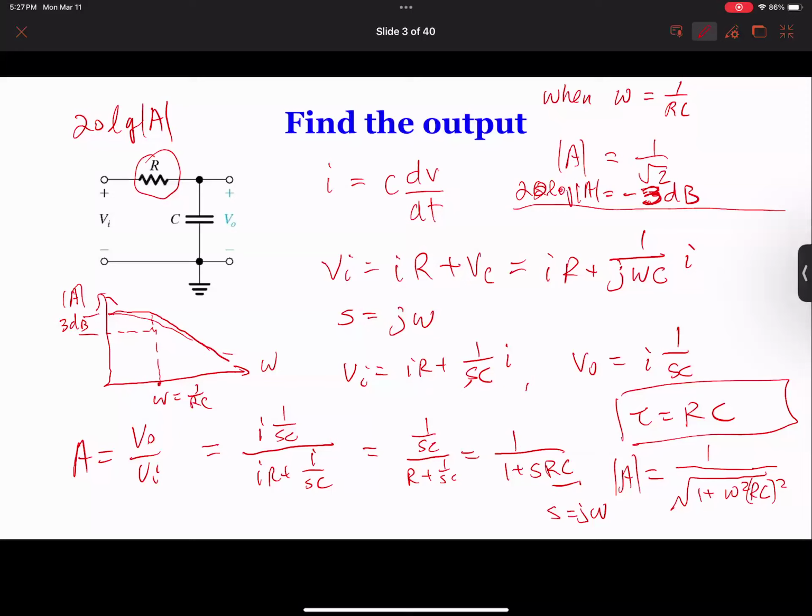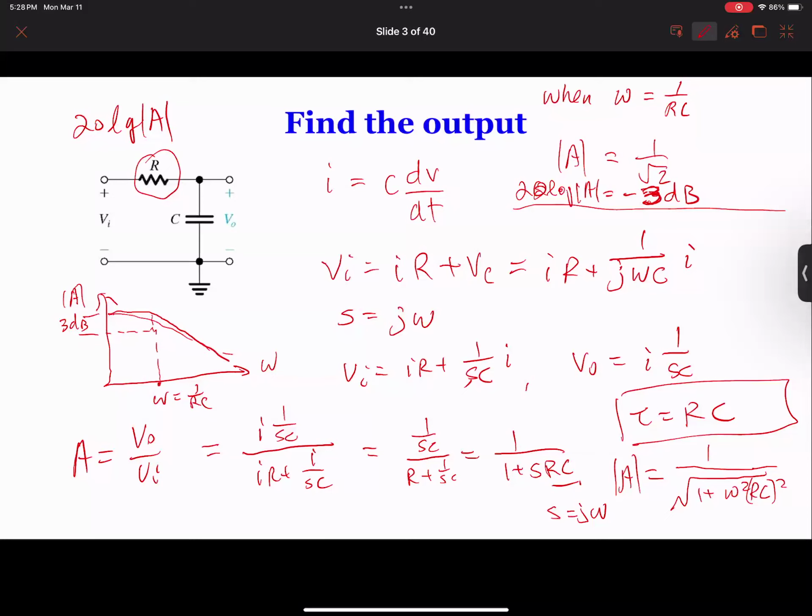When this is so big that it's much larger than 1, the 1 can be neglected, and you got omega RC under the square root, and you take it out, so you get 1 over omega RC. So the gain is inversely proportional to omega. When you take the dB, it's actually linear. That's why you have this linear curve.